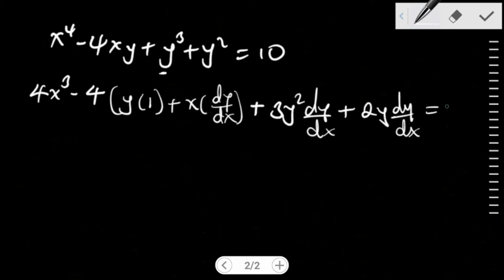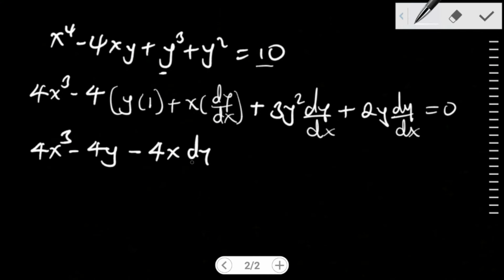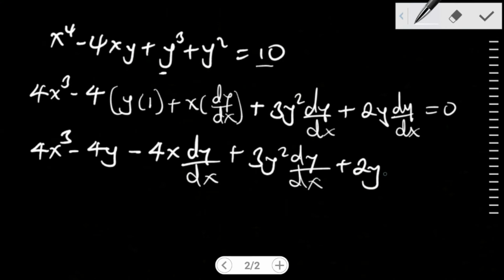This would be equals to 0 because 10 is a constant, and therefore I'm going to have 4x cubed minus 4y minus 4x dy/dx plus 3y squared dy/dx plus 2y dy/dx equals 0.